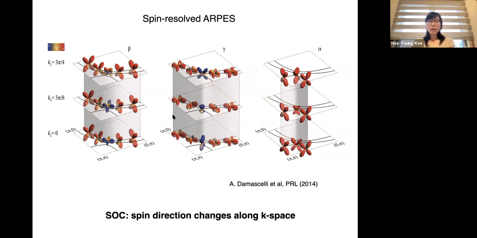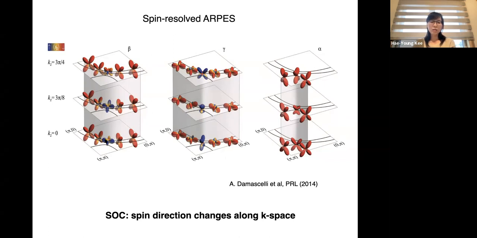And not only are there multiple orbitals, but the strong spin-orbit coupling is not small. Here is ARPES data with spin resolved. The red refers to down spins and blue refers to up spins. As you move along momentum space, the lines refer to XZ and YZ orbitals, while things in the plane like this are XY orbitals.